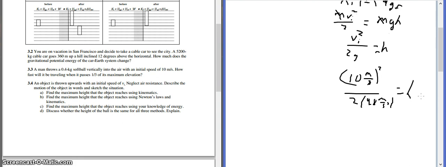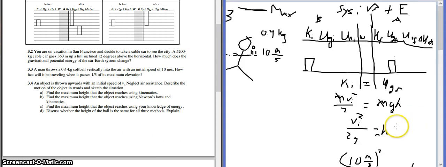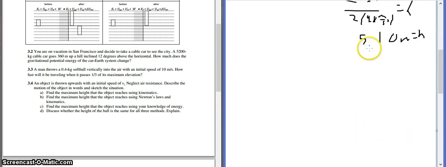Now plug this into the calculator, and you'll get that the max height is about 5.10 meters. So this is the max height. Woo, we found it. But we're looking for 1/3 of that.